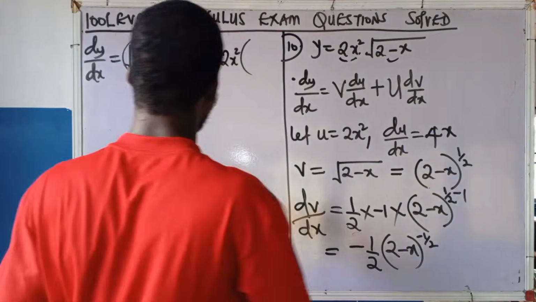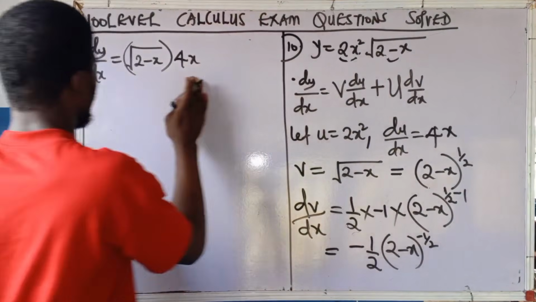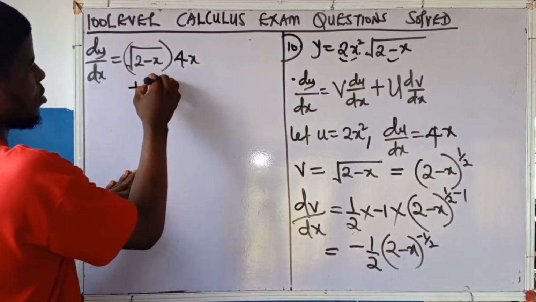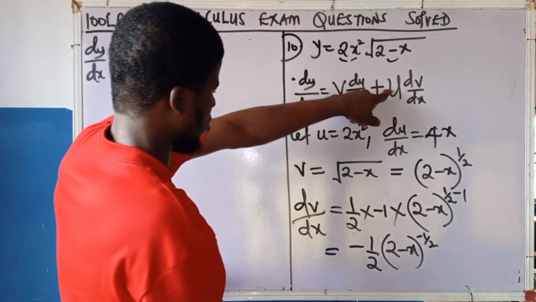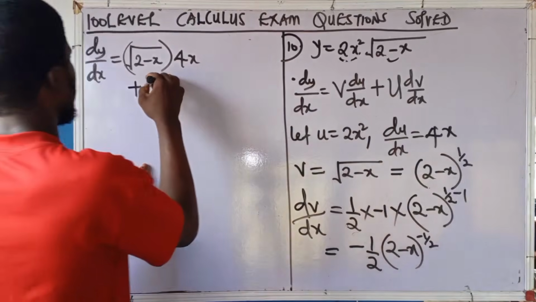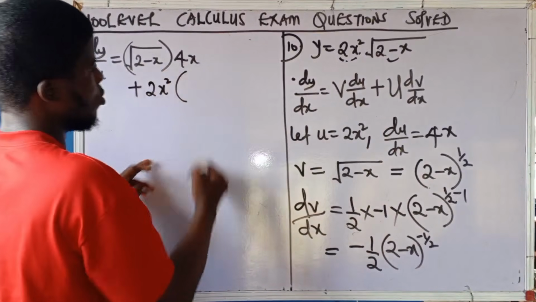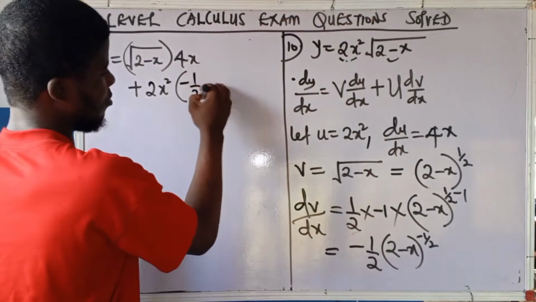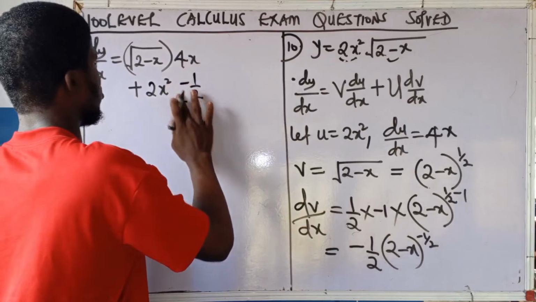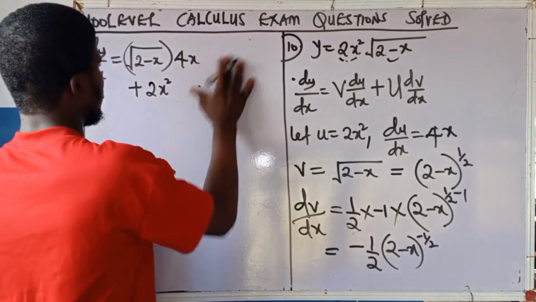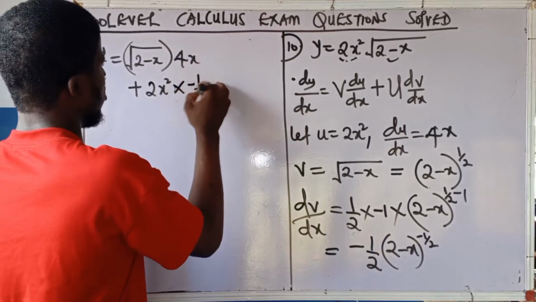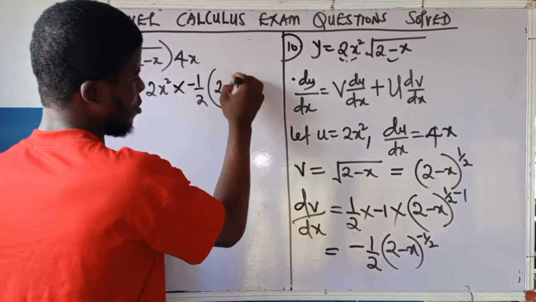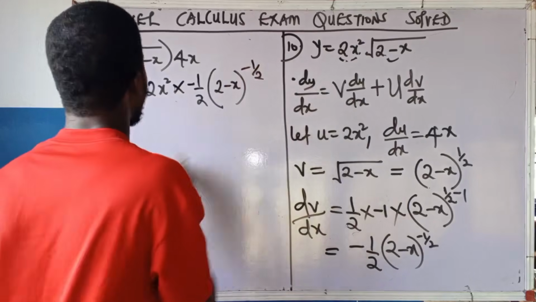into everything here. Okay, let me bring this down because of space. Plus u is 2x squared. That's 2x squared into everything here, which is dv dx, minus 1 half times minus 1 over 2 into 2 minus x to the power of negative 1 half.